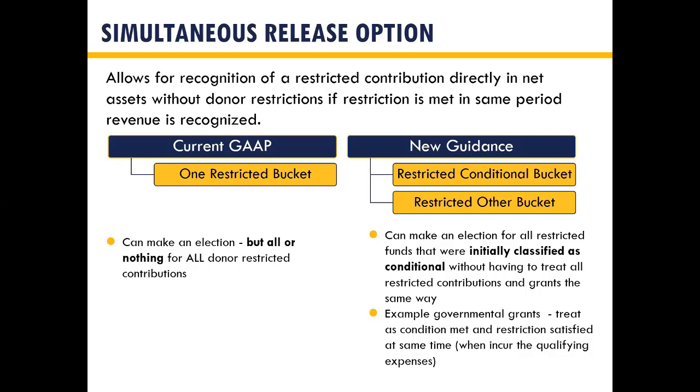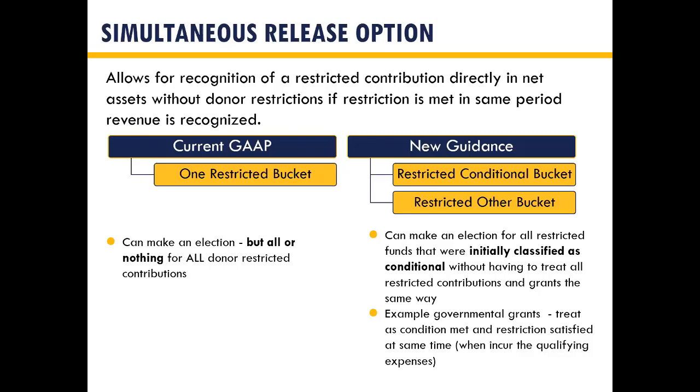So under the new clarified guidance, there's actually two buckets. So you can make an election for all your restricted funds that were initially classified as conditional without having to treat all of your restricted contributions as grants in that same way. An example where we see this being used is your governmental grants. So you have to incur those qualifying expenses, and at the time you are incurring those qualifying expenses, you are both meeting that condition and the restriction is being satisfied at the same time.